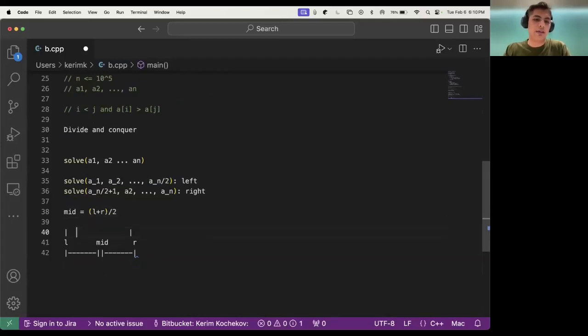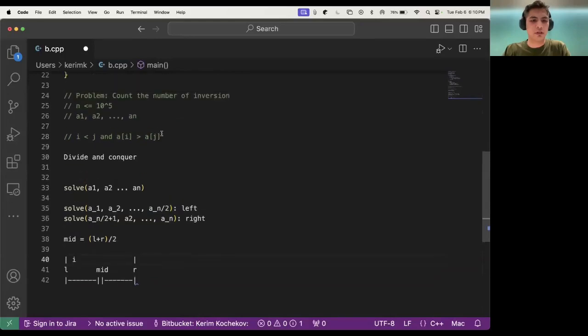In our problem, we are searching for pairs i, j that hold this inequality condition. If i and j are both in the left part, so if we divide the array into two parts, if i and j are both in the first half of the array, this will be counted in the left function call.